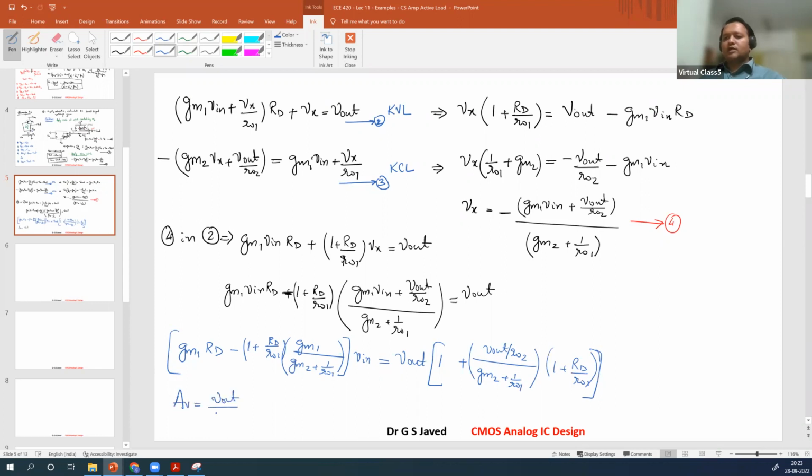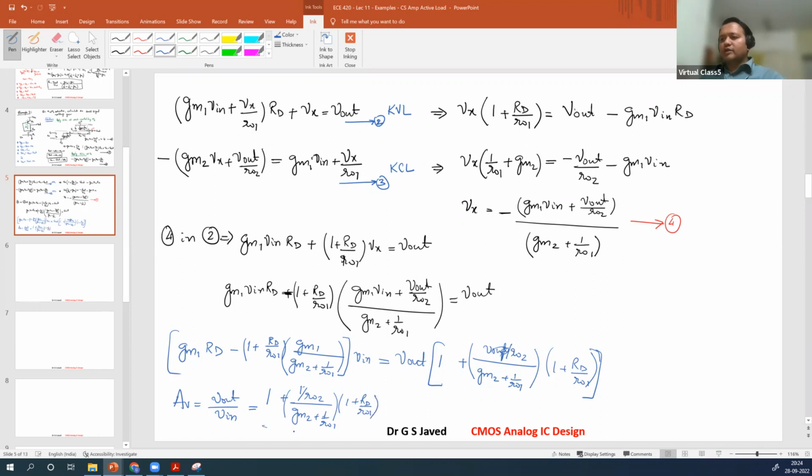Vout by Vin is equal to 1 plus, sorry, this Vout will not be 1 over R2. 1 over RO2 divided by gm2 plus 1 over RO1, whole multiplied by 1 plus RD by RO1.